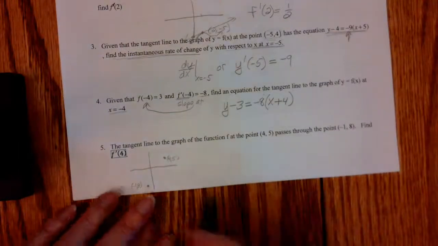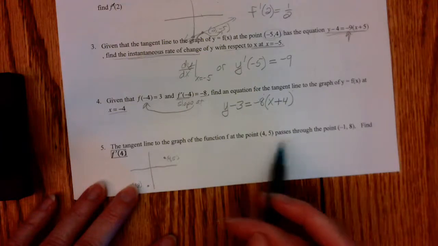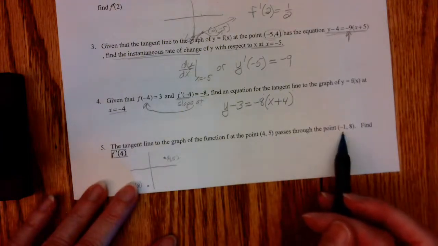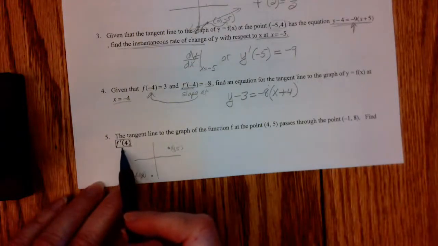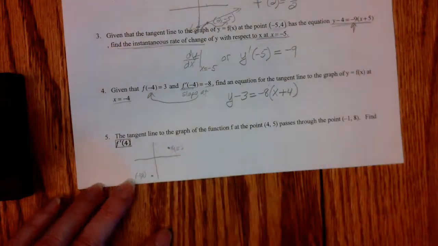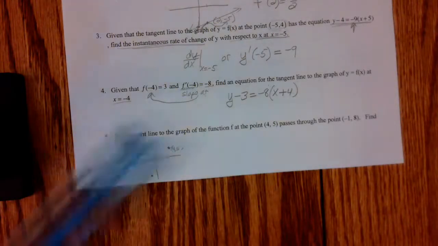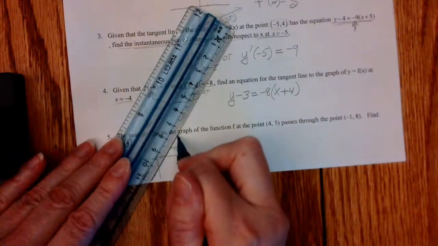The tangent line to the graph of the function f at the point 4, 5 passes through the point -1, -8. Find f prime at 4. Well, here's that point 4, 5. We have some kind of a tangent line that's going to go through 4, 5 and -1, 8.